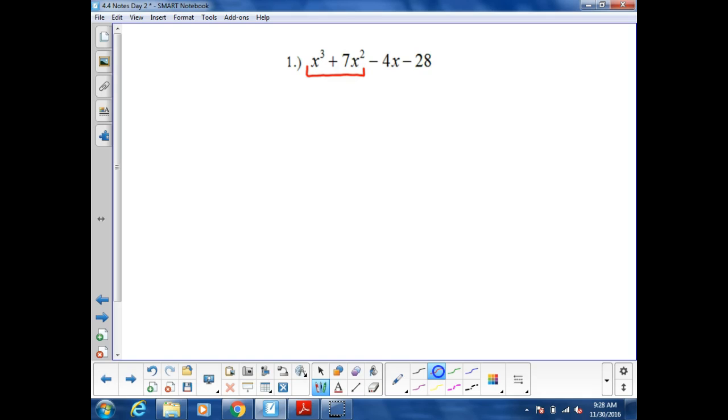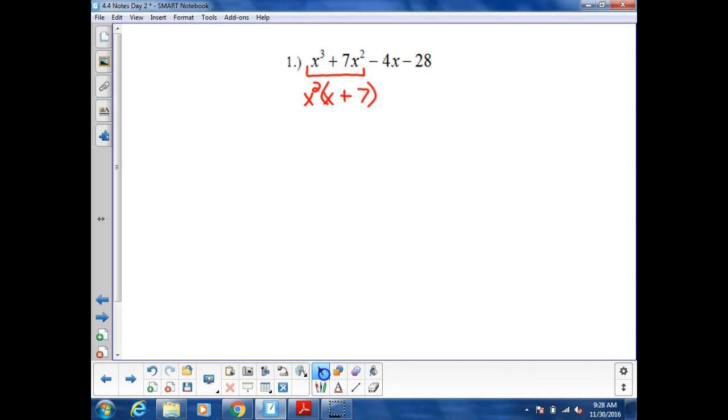Okay, so x cubed plus 7x squared. What can I factor out of just that? I can factor out an x squared. What's left over then? X plus 7.